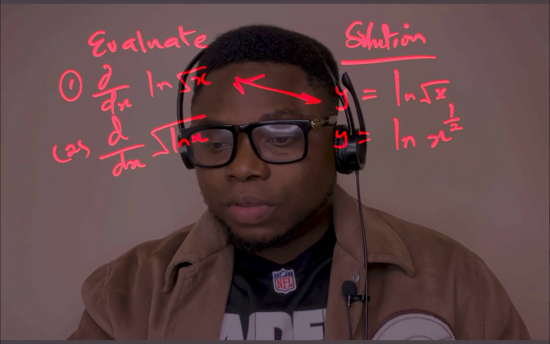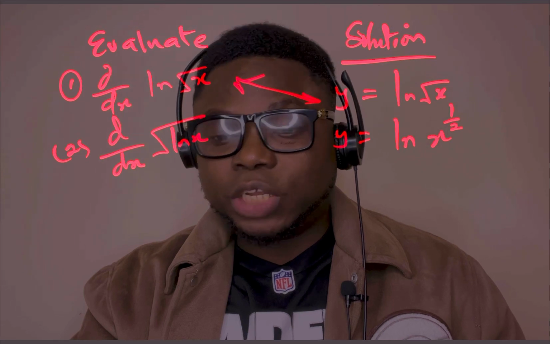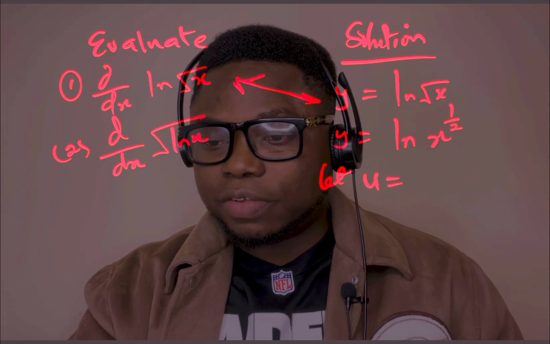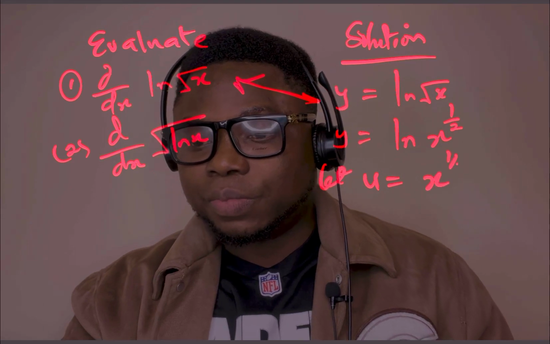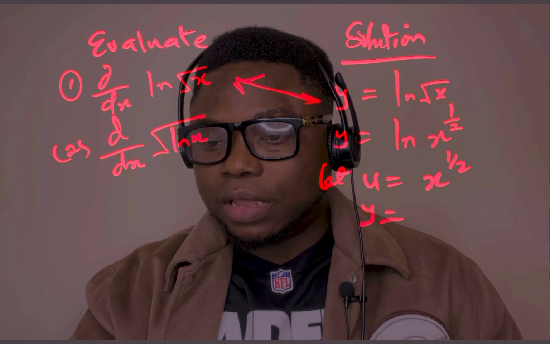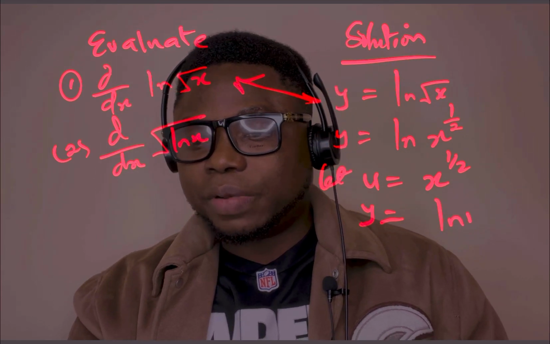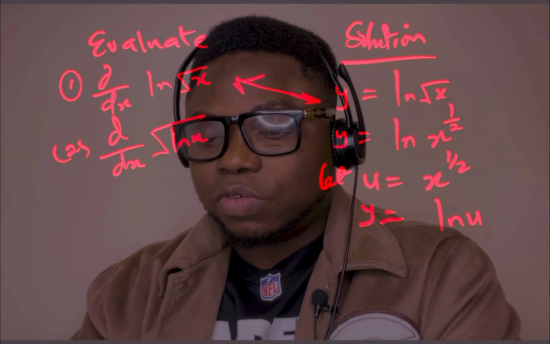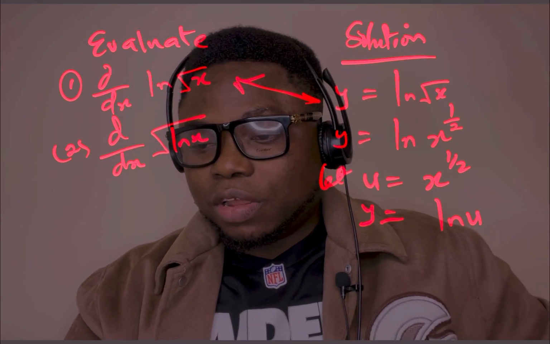Now, using the chain rule, let u be equal to x raised to the power of 1 over 2. Now, y will be equal to ln u, because I replaced x raised to the power of 1 over 2 with u.